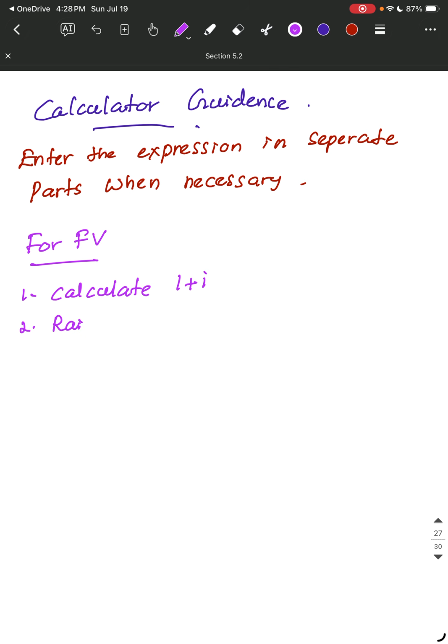Third, subtract 1 from (1 plus I) to the power n. Fourth, divide by I. Fifth, the last step, multiply by R.